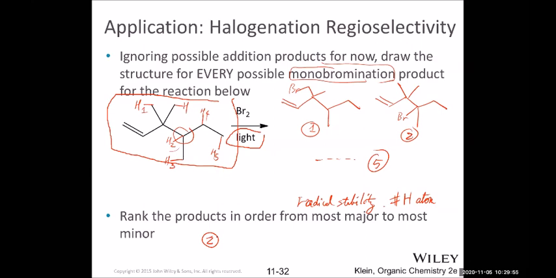Okay, so the tertiary carbon radical will give you the most product. What is the number 2? Tertiary carbon radical is most stable. The second most stable is the secondary carbon radical. Among the hydrogens 1, 3, 4, 5, which hydrogen is on a secondary carbon?